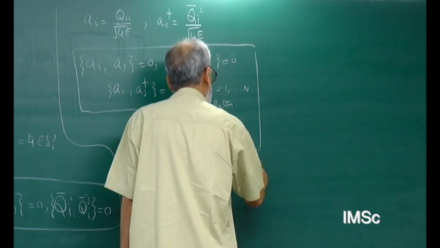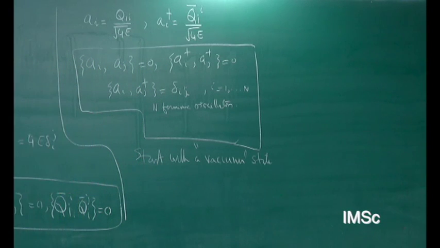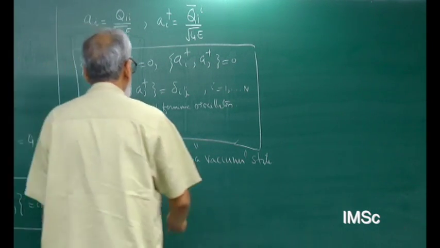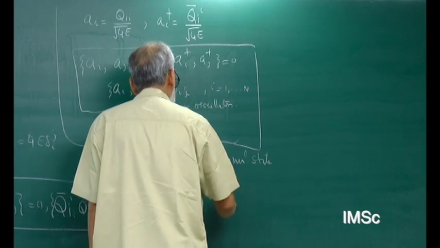Vacuum state, where the word vacuum has a very contextual special meaning here. It's not the physical vacuum of the theory, it's the vacuum of this algebra. Defined by the destruction operators on that.